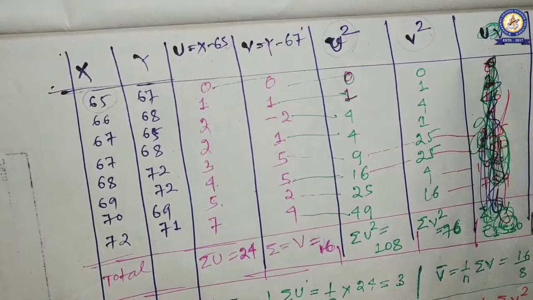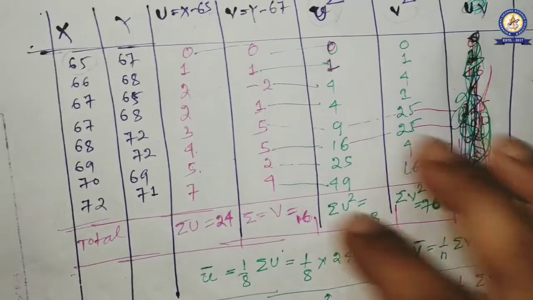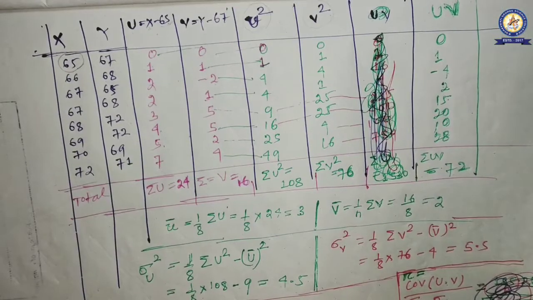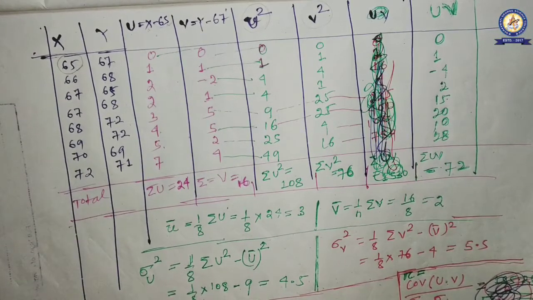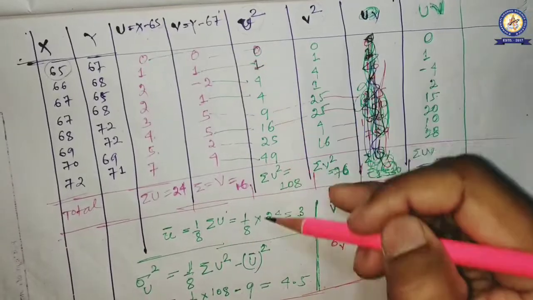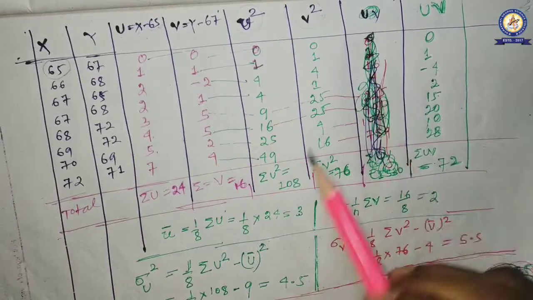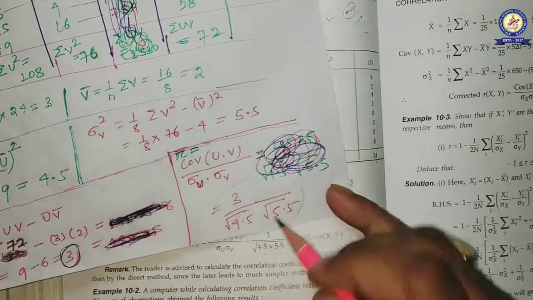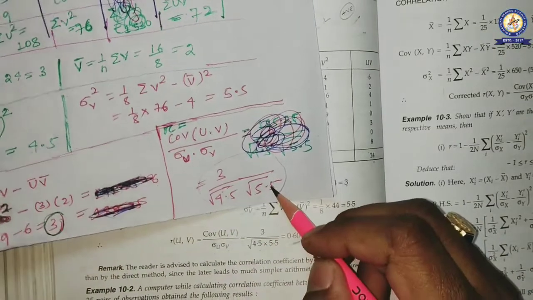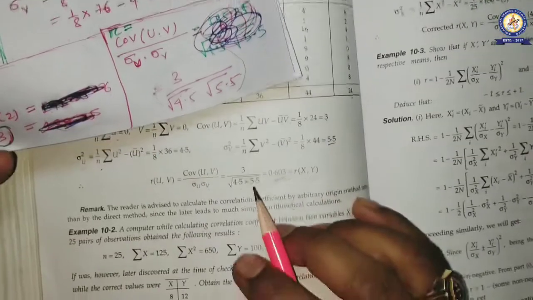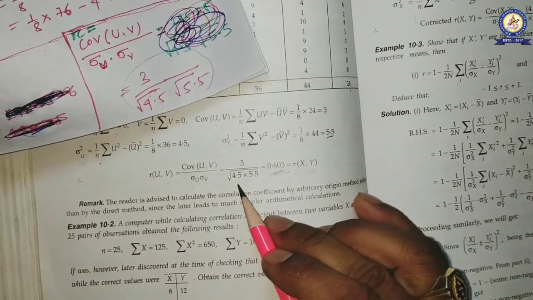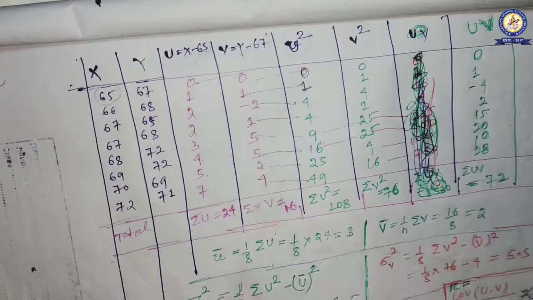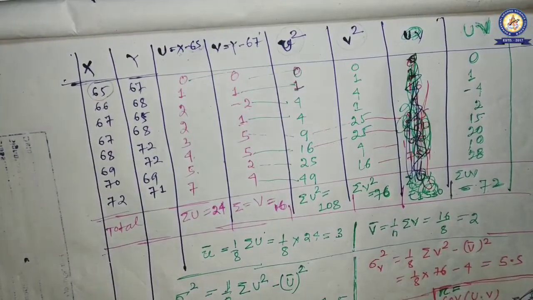So you just check how I solved it. The method is the same, but whenever we calculate everything, we also get the same answer, 3 by root over of 4.5 and root over of 5.5. Let's discuss this one in detail.